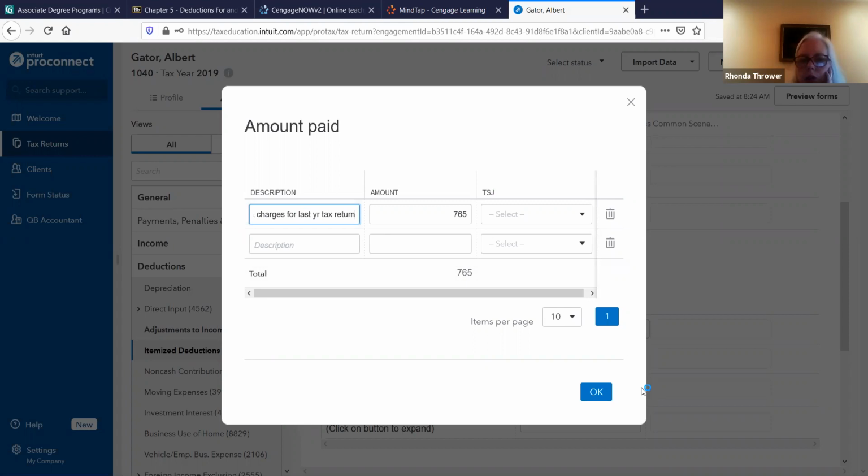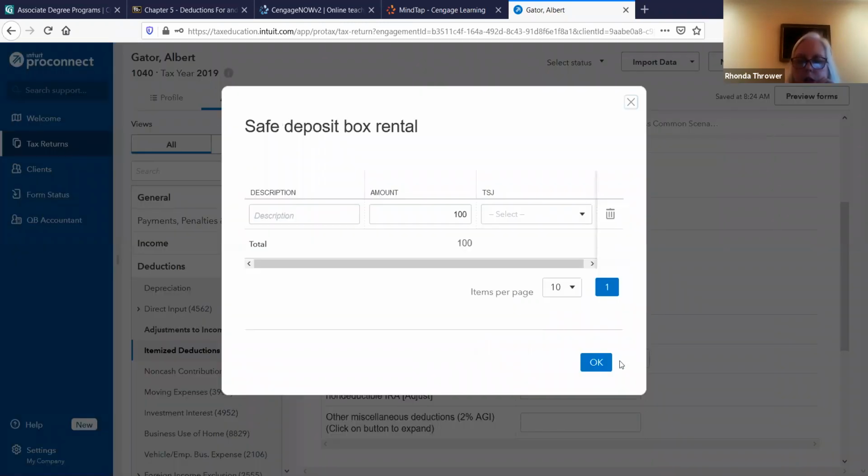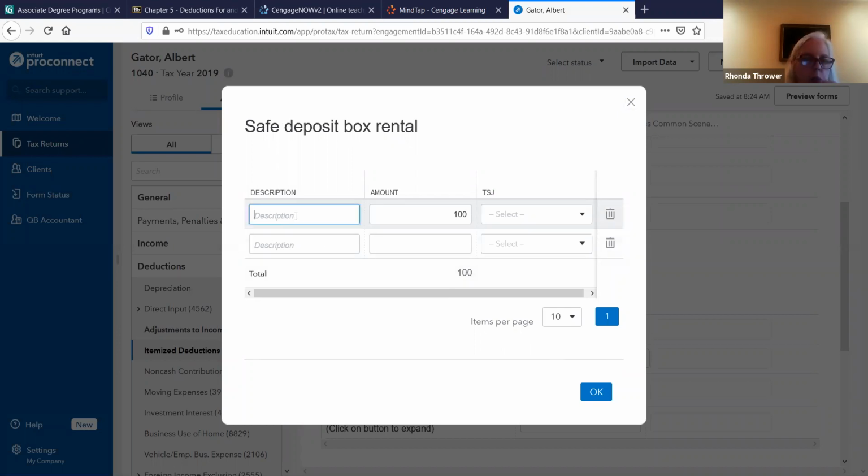And it's $765. Also, you can deduct the safe deposit box storage, which was $100. And again, you could put a description there, a safe deposit box. You could put where you had it at, where its location is or whatever.